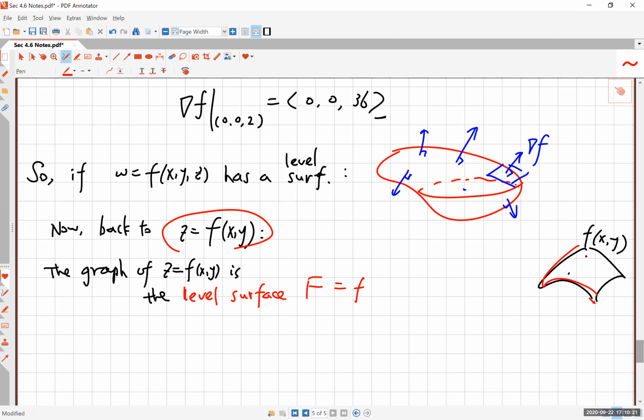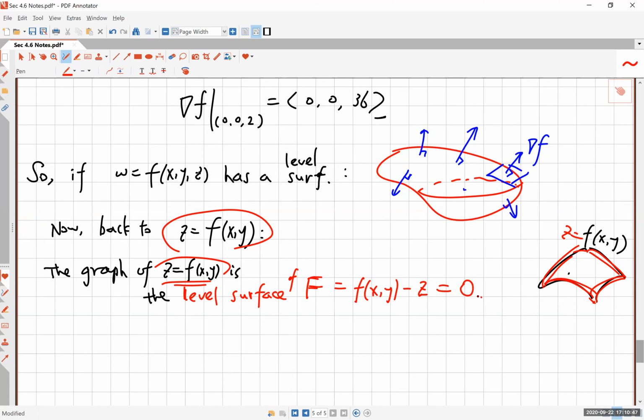And when you talk about a graph like this, z is equal to f of x, y, you have two independent variables, but you can think of this surface as a level surface. What do I mean by that? Well, the graph of this is exactly the set of all points where this is true, and that is the level surface of capital F, of f of x, y minus z, equal to 0.